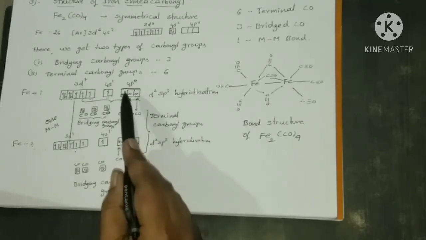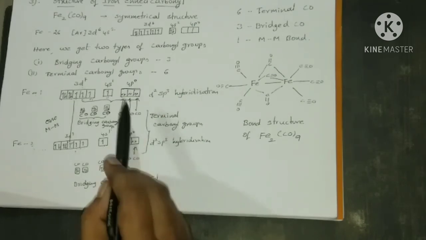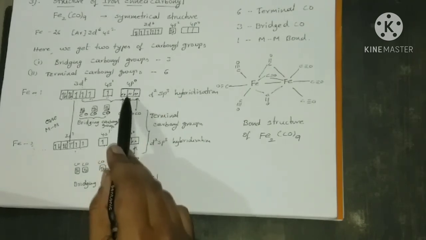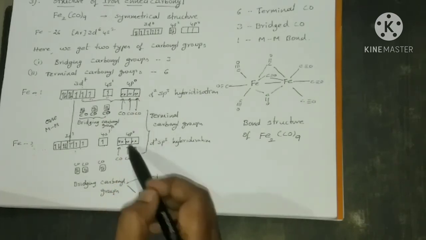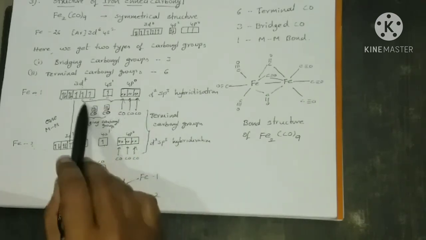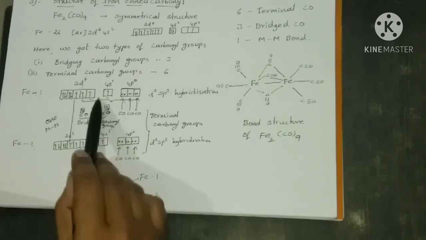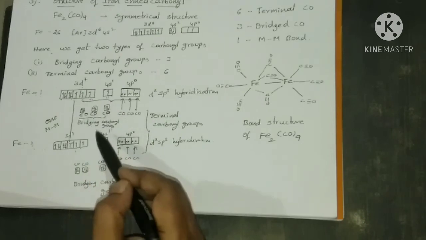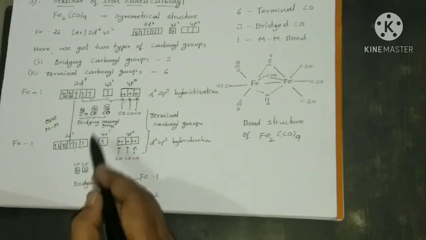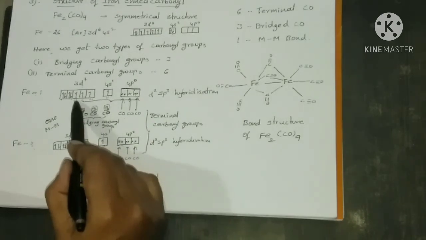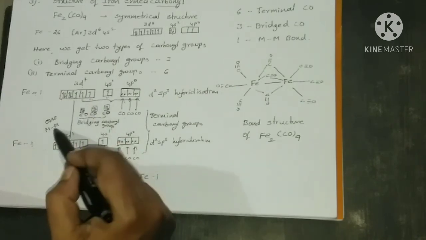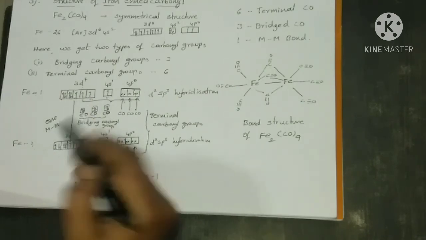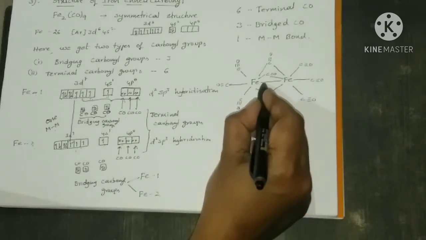So these 3 d2sp3 vacant orbitals get accommodated with the electrons donated by the terminal carbonyl groups and form a dative bond, and the other 3 d2sp3 hybrid orbitals having single electron got paired up with bridged carbonyl groups in both the atoms, and the other unpaired electron in the pure 3d orbital from Fe1 and Fe2 paired up and gives 1 metal bond between Fe and Fe.